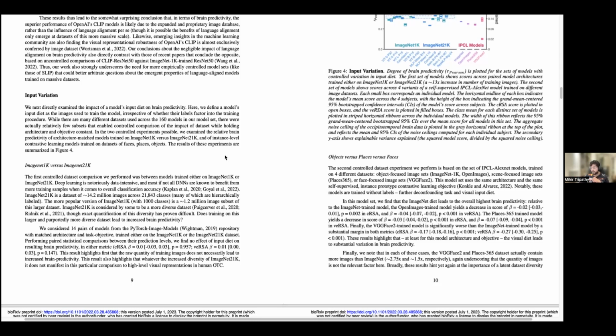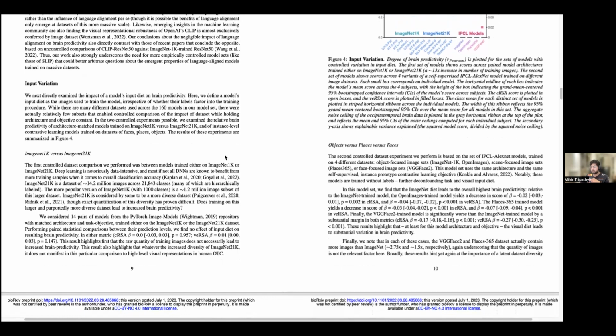And apart from that, they also used datasets which were focused on object detection, like the Open Images dataset, or datasets which were focused on scenes. They used Places365 for that, and datasets which were all based on faces, so there's VGGFace2. And the results were pretty much as you would expect.